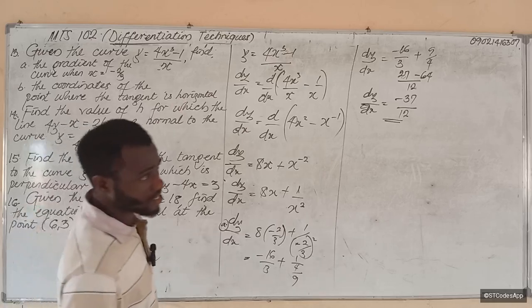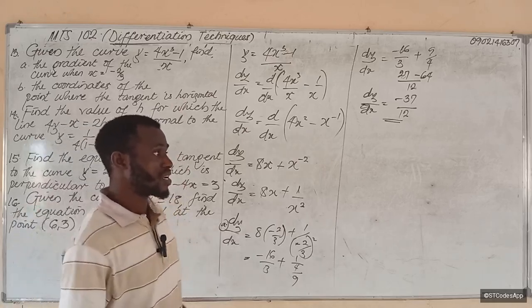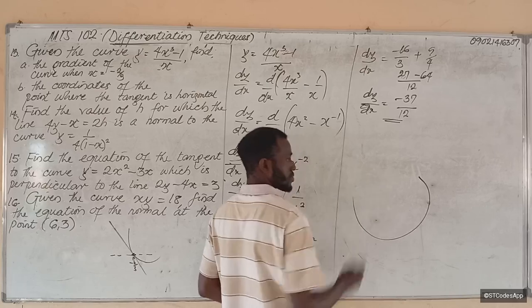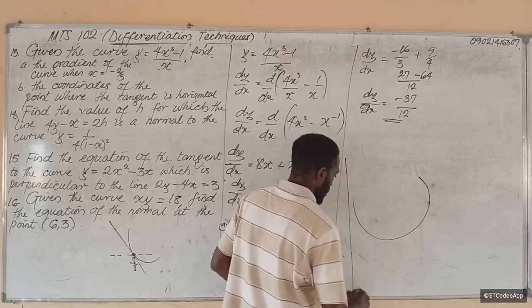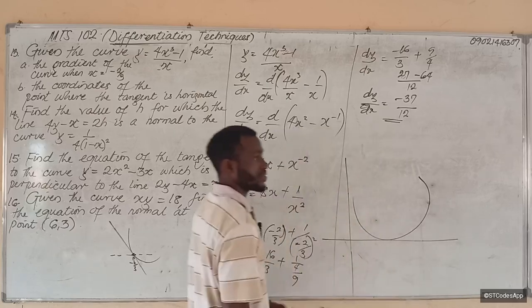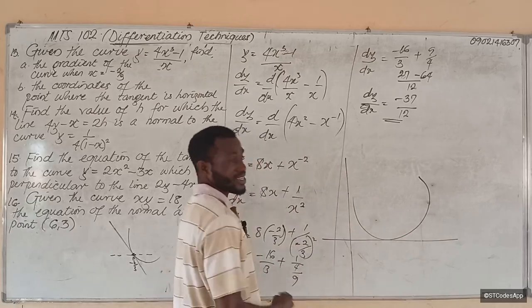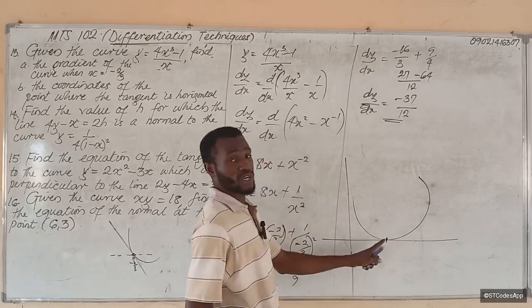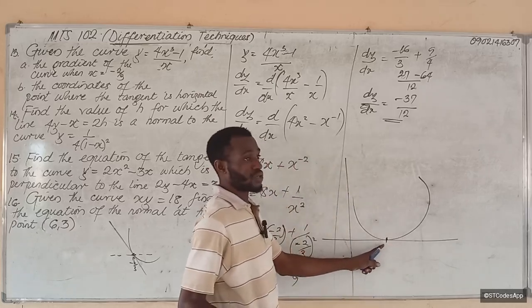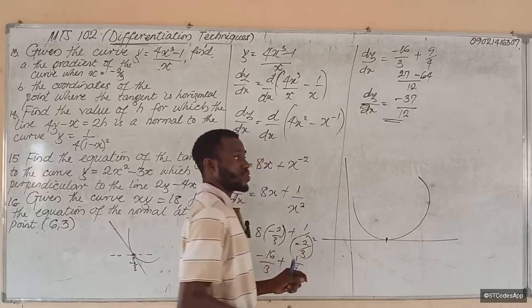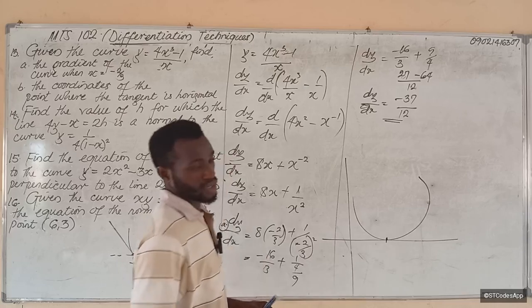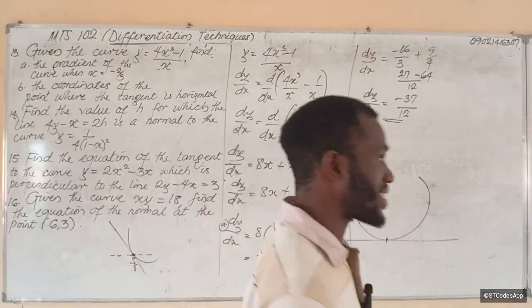Where the tangent is horizontal on a curve, let's say we have our curve like this, and this is my Cartesian coordinate. You see, I already drew the tangent there. So this is where the tangent will be horizontal. So at this point where the tangent is horizontal, dy/dx will be what? 0, because there's no change there.